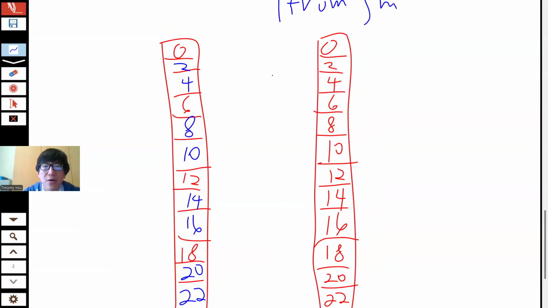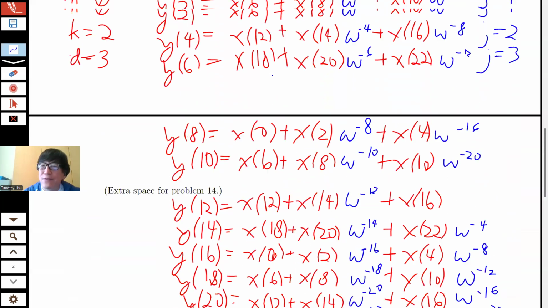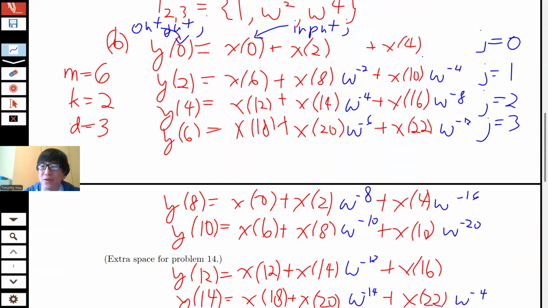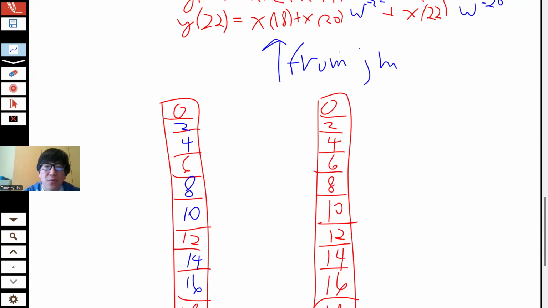All right. Now, if you're completely not a visual person, you're like, oh my God, what is this diagram thing all about? All the diagram is saying is that the output zero comes from the inputs 0, 2, and 4.